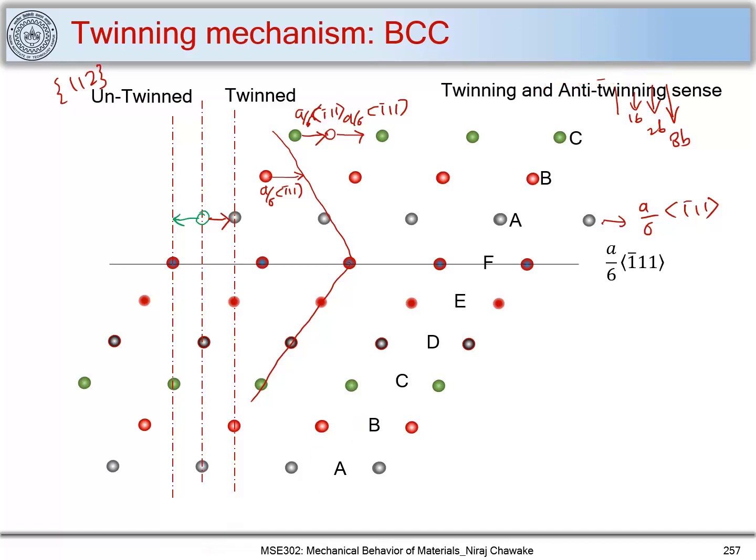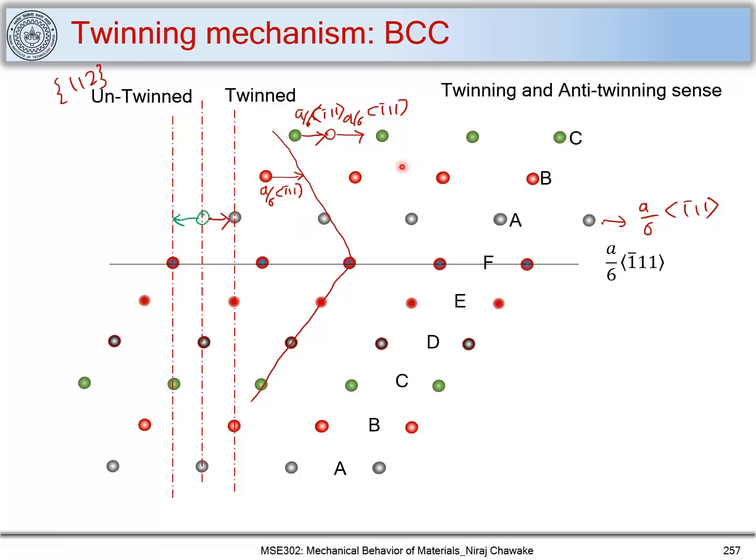So you have a twinning and untwinning sense, which comes along the direction. So this is a twinning sense in this direction, and this is an untwinning sense or anti-twinning sense. And that is how the twinning mechanism in BCC depends on the direction of shear stress.